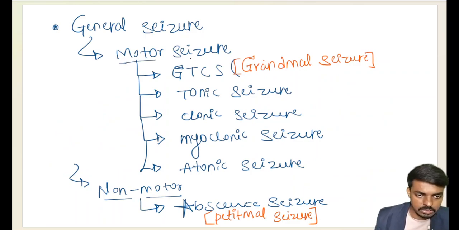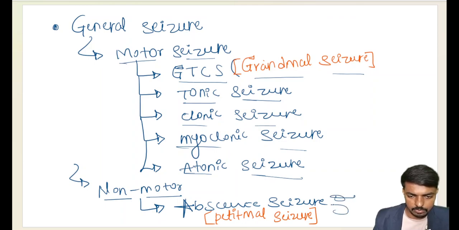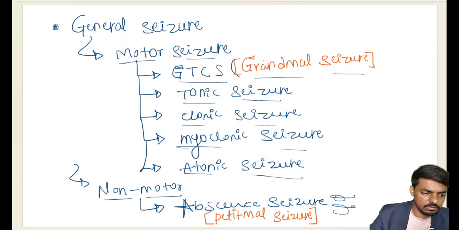In motor seizure, we will study in detail generalized tonic-clonic seizure, also called grand mal seizure in children, and tonic seizure, clonic seizure, myoclonic seizure, atonic seizure. In non-motor seizure, we have petit mal seizure, that is the absence seizure. Very important point. We will study each and every seizure in detail now.